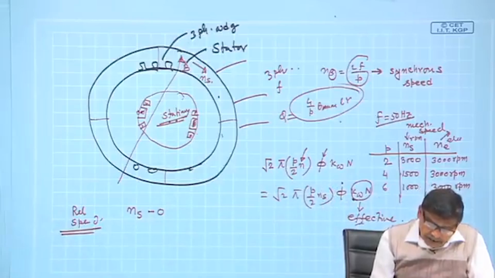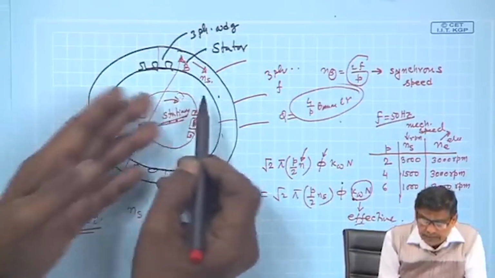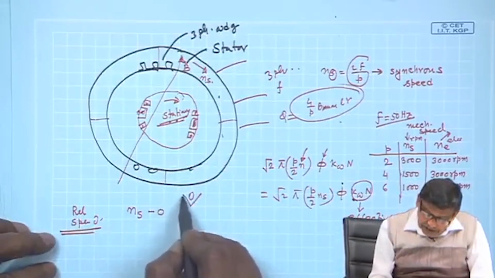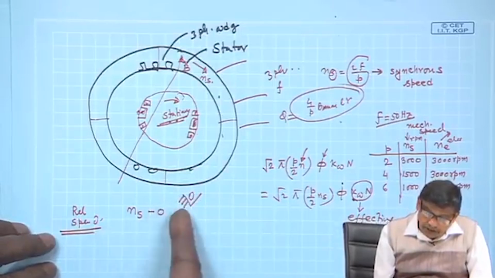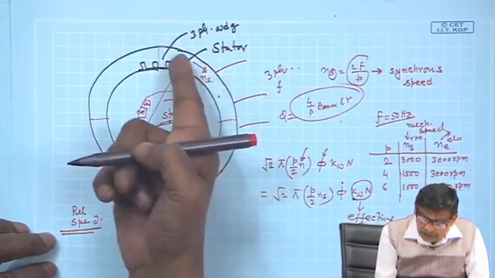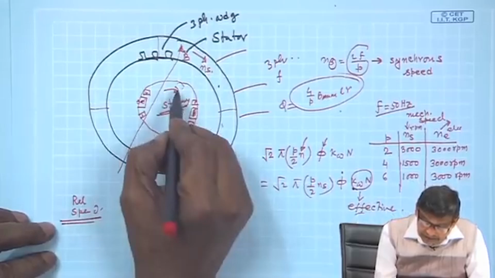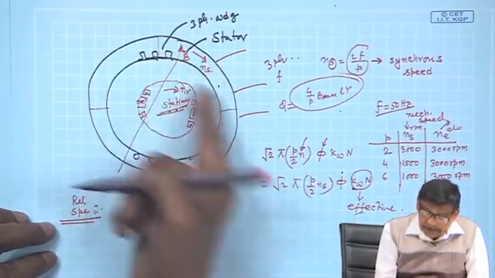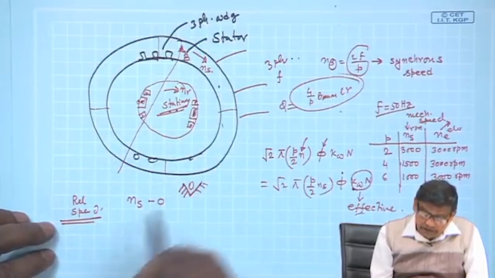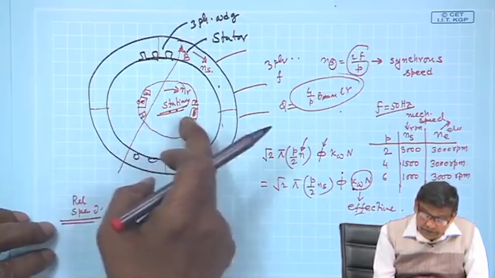On top of it, if I say this rotor is also moving in the same direction, and with respect to a stationary observer, the speed of the field is n s, the speed of the rotor is n r, all are mechanical speeds, it is moving. That is what a stationary observer concludes, and he wants to calculate what will be the induced voltage.